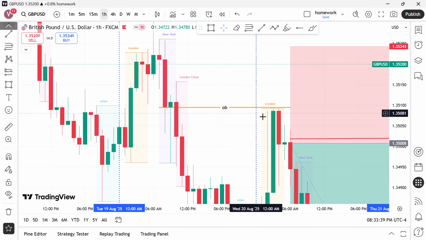It's going till this part. So we can clearly say that it has been treating this green candle as an order block.